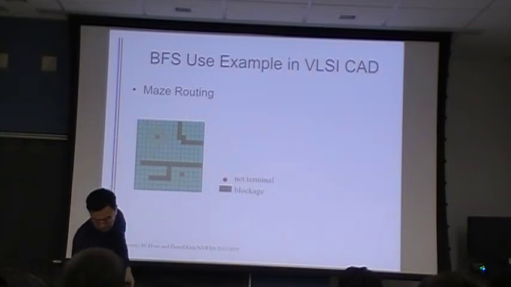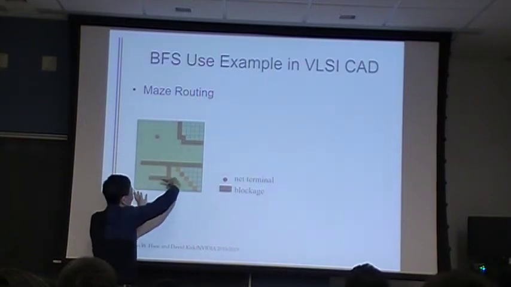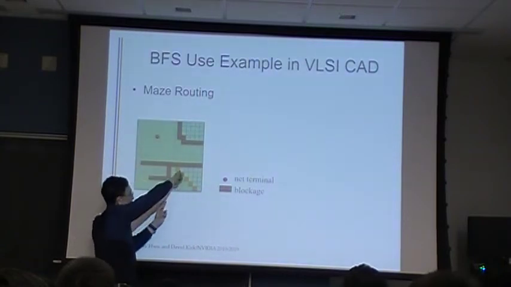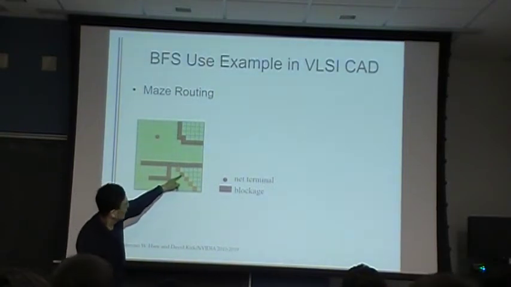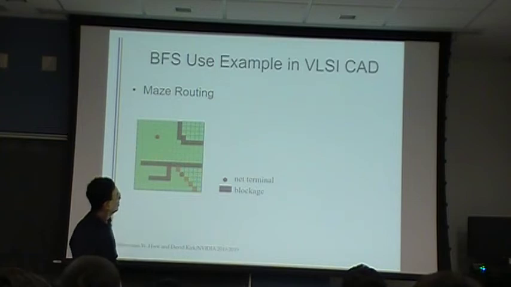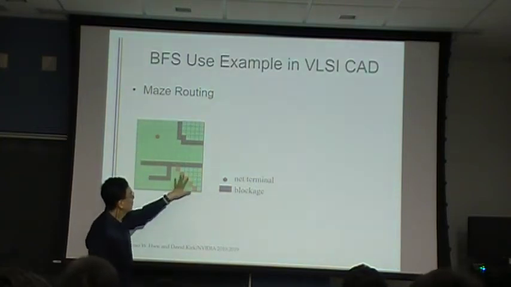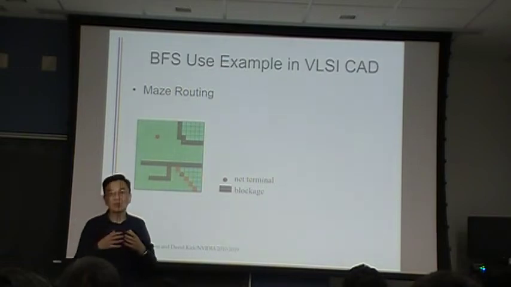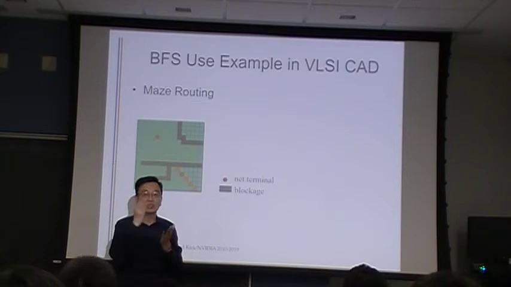So you would just keep doing this until you have a big enough frontier, and then eventually you will wrap around and get here, and then you hit the destination. So once you hit the destination, you finish the breadth first search. So in this case, you don't have to exhaust the entire graph. Your ending condition is when your destination is among the frontier that you just discovered.